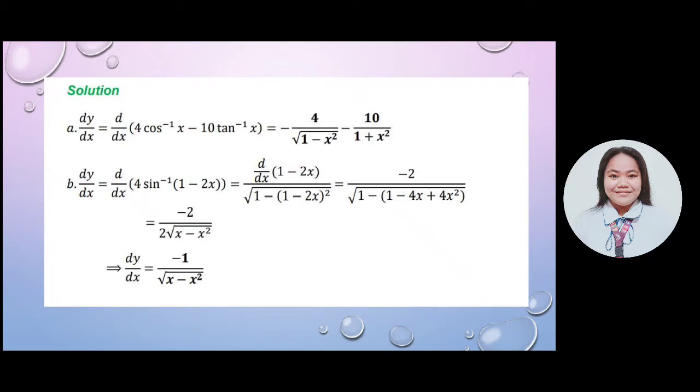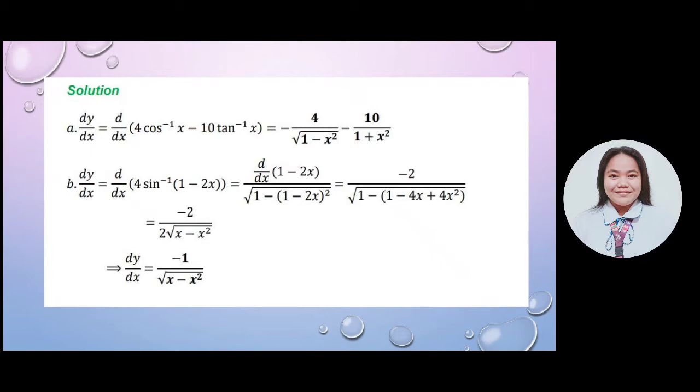Then next is the 10 tan raised to negative 1 of x. The derivative of the inverse tangent formula is u prime over 1 plus u squared. So, the first thing we need to find out is what will be the u. Our u is x and our u prime is 1. So, we know that the derivative of 10 tan raised to negative 1 is 10 over 1 plus x squared.